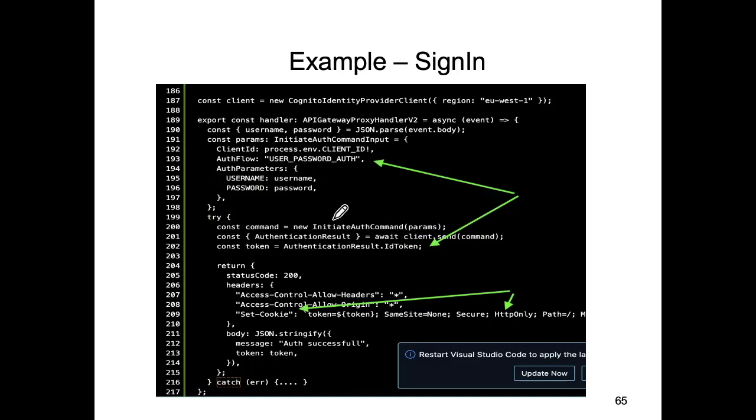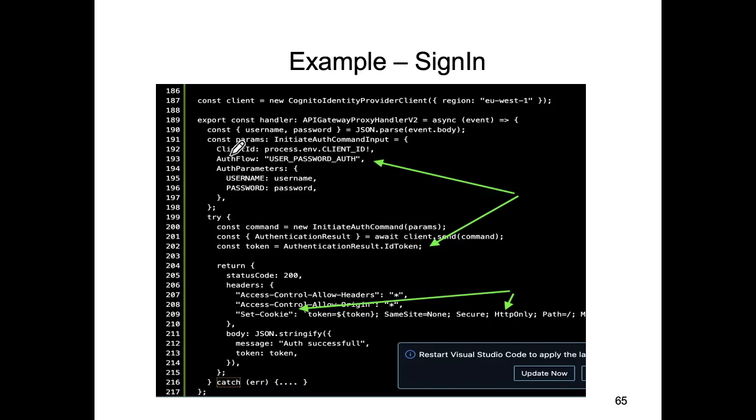We configured the authentication flow not so much when we created our Cognito user pool, but when we created the client for that. Anyway, it's just a slightly different command. So I create my command instance and configure it. I have to give it the ID of the Cognito client.